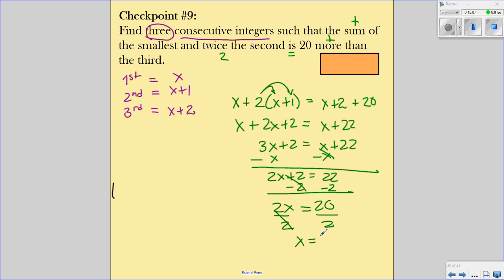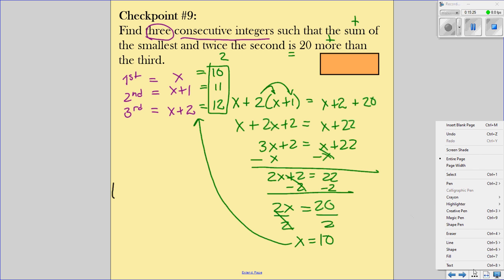So that will give me 10. Done with that. Now I have to plug it in to get my numbers. So this would be 10, 11, and 12. Box that. Those are my 3 consecutive integers.